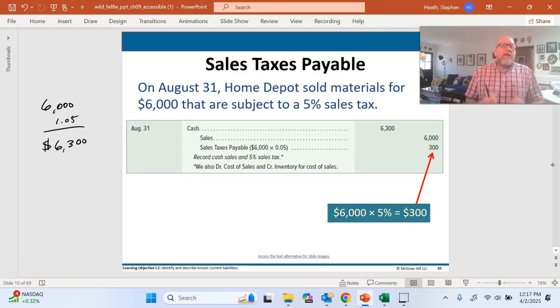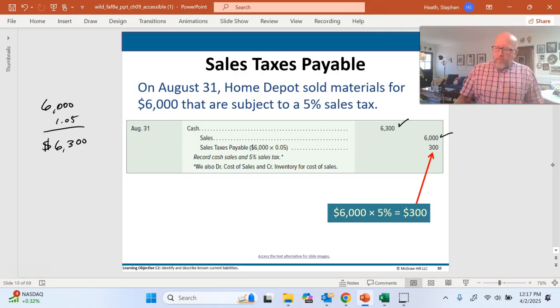However, the $300 that goes to the sales tax portion, that's not something that Home Depot keeps. Home Depot is collecting the sales tax and then sending it off to the local municipalities, or they could be sending it off to the state of California. So when the customer pays $6,300, we're obviously receiving cash, so we would debit cash of 6,300, and then the revenue portion that Home Depot earns is that 6,000.